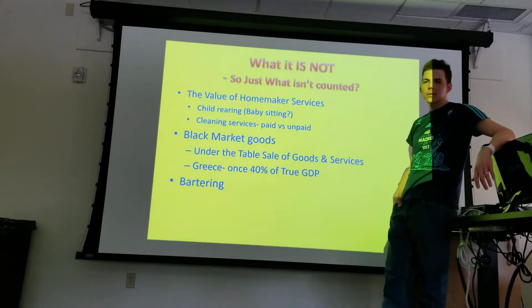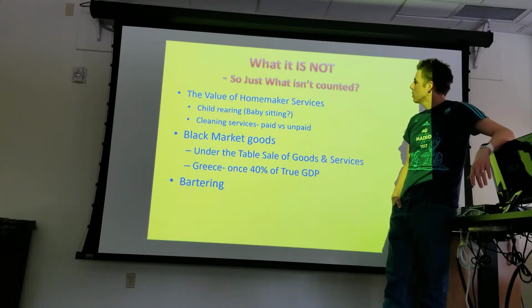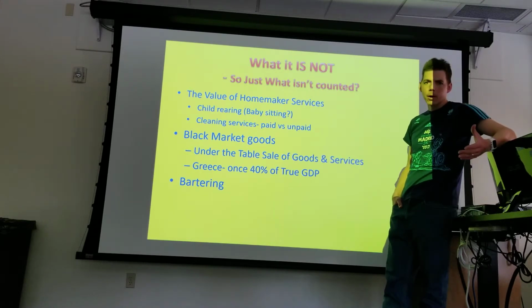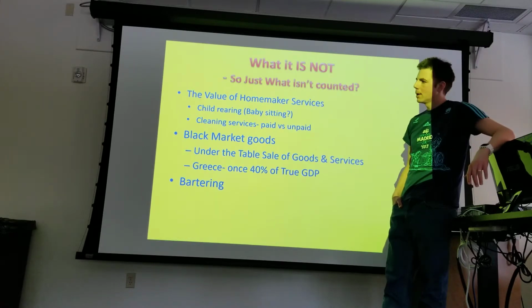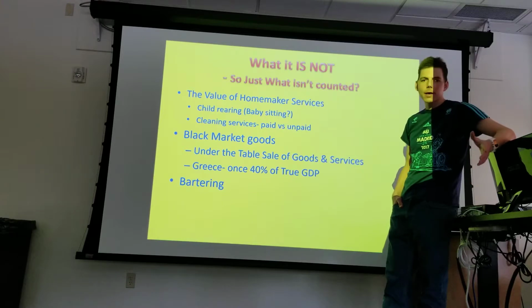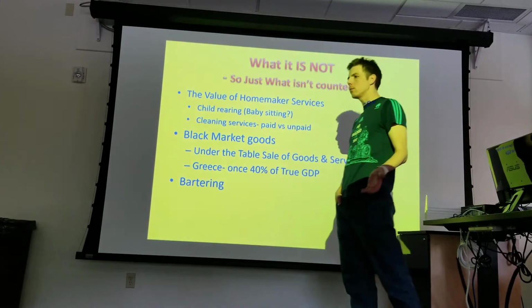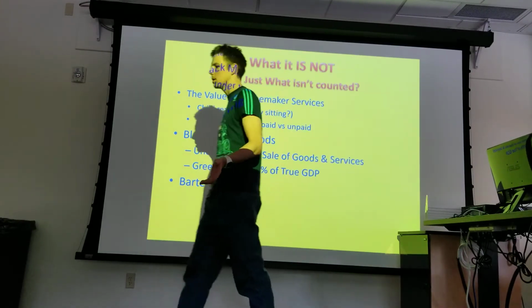So, side note there. But the value of homemaker services, this is what's not counted. Again, I talked about black markets. Greece had a large black market that accounted for, according to the little thing in the textbook, I think like 40% of their economy. It's not official, but they knew it was there and they can estimate how big it is. It's kind of like they have drug estimates. How can you know how much drug trade there is if it's illegal?